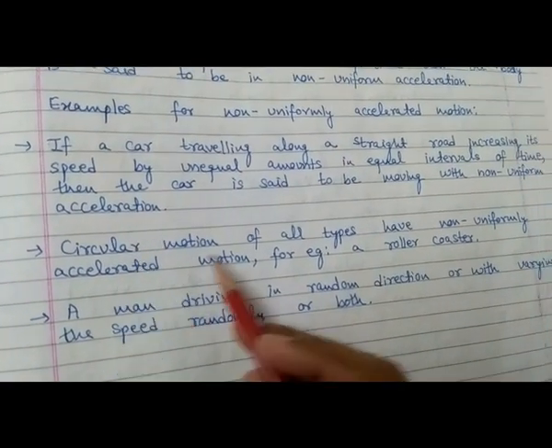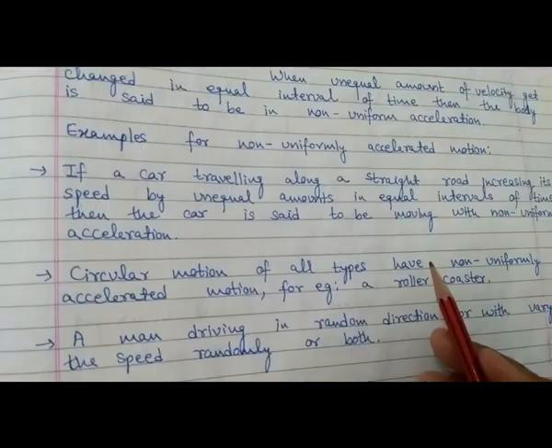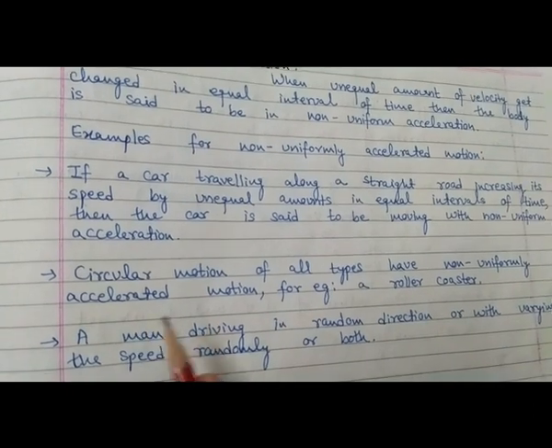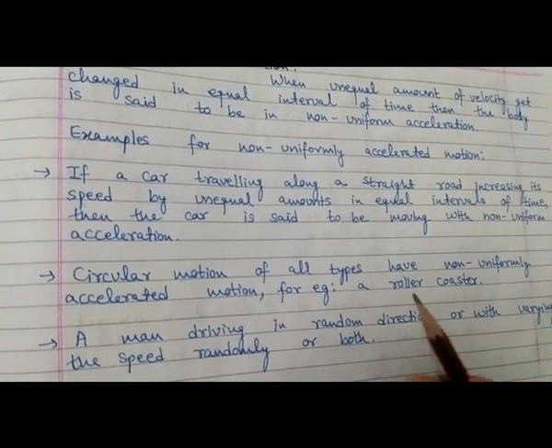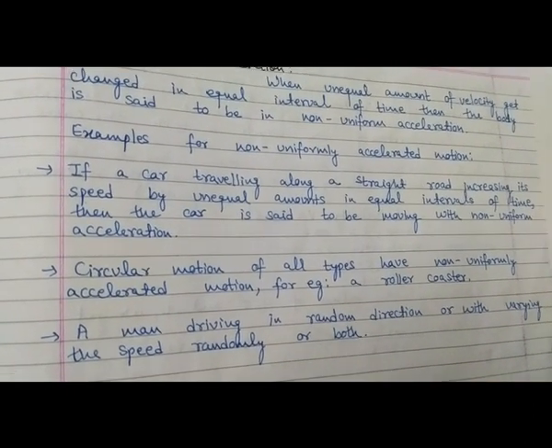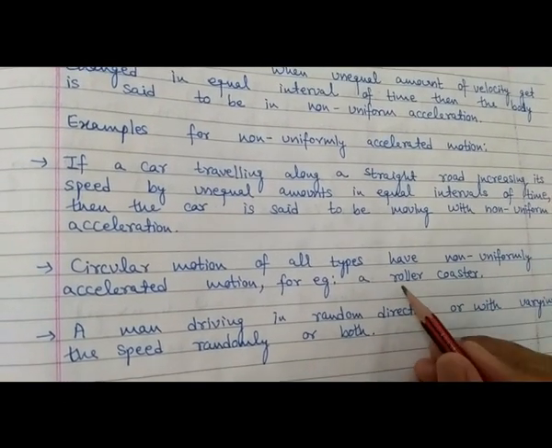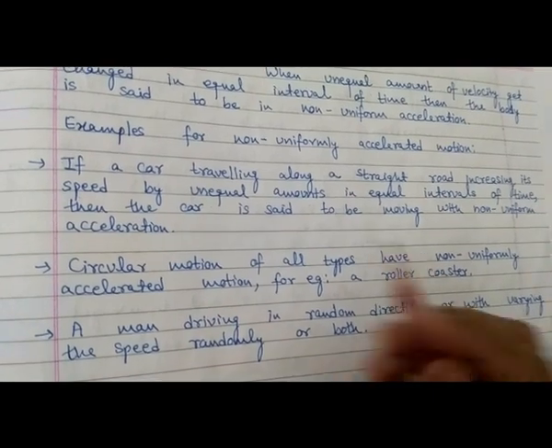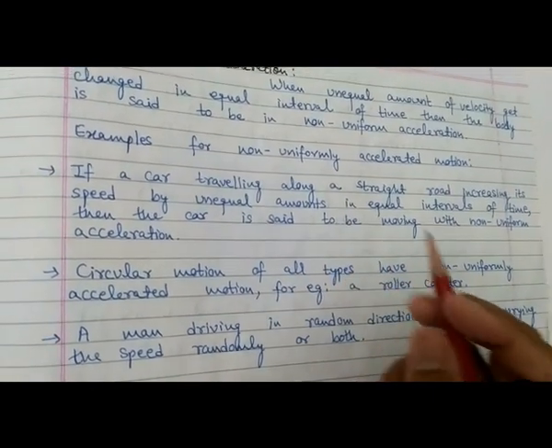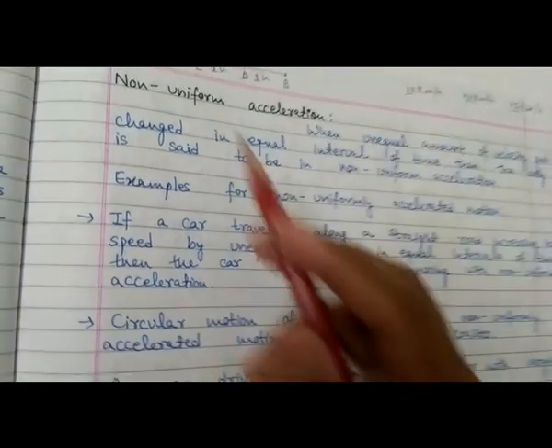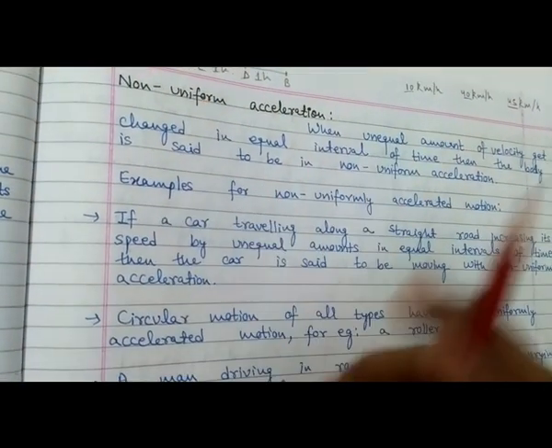Another one is that circular motion of all types is non-uniformly accelerated motion. For example, a roller coaster ride. Okay, you might have experienced a roller coaster ride, isn't it? Every circular motion is of non-uniform acceleration.